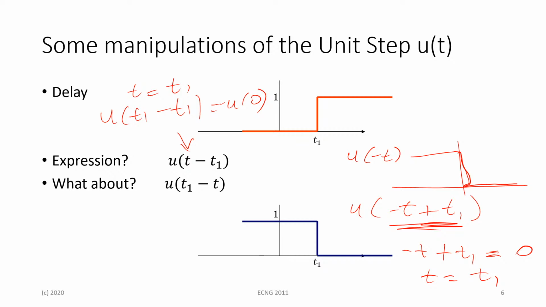And as a result, because we want that change, and we already reversed our signal, we have to have this change here at t1. So yes, the blue one underwent a reversal, then a shift.